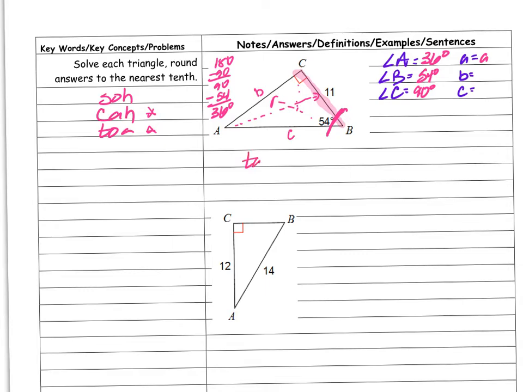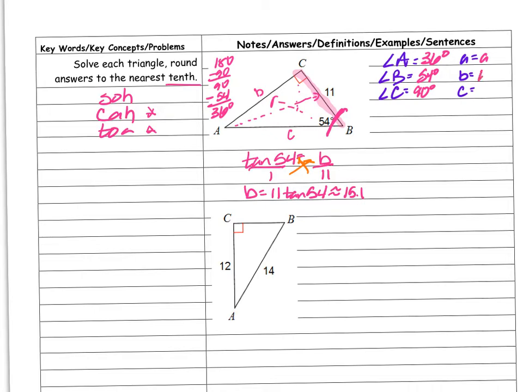So I've got tangent of 54 equals B over 11. So make it into a fraction, cross multiply, and then I get B equals 11 tangent of 54. Put that in my calculator, and it says round to the nearest tenth again, so that's 15.1.